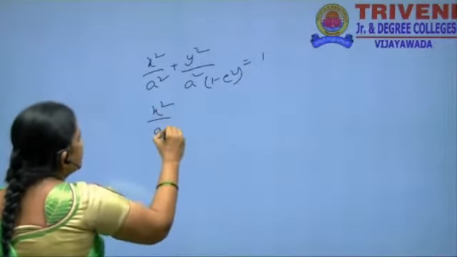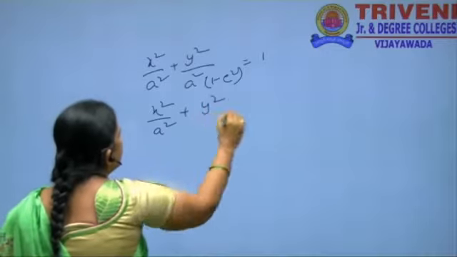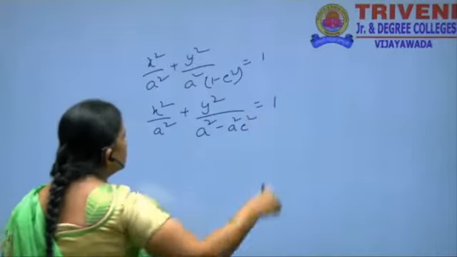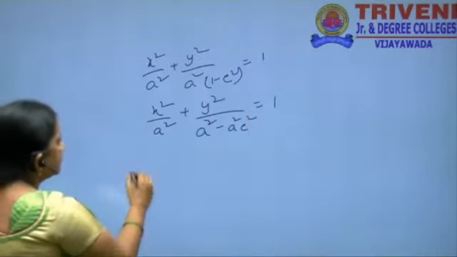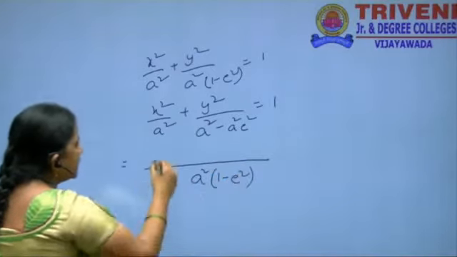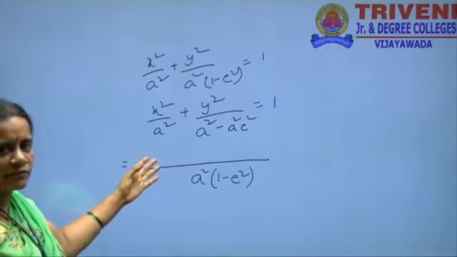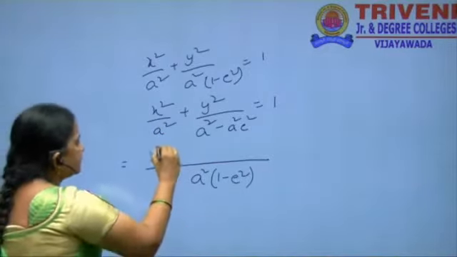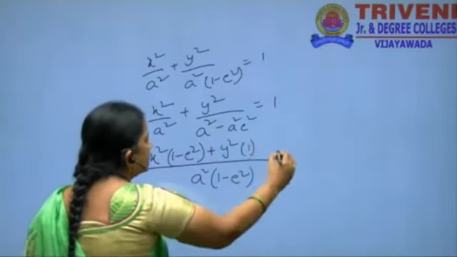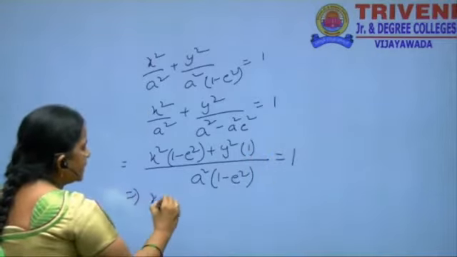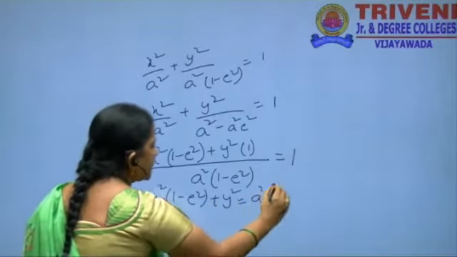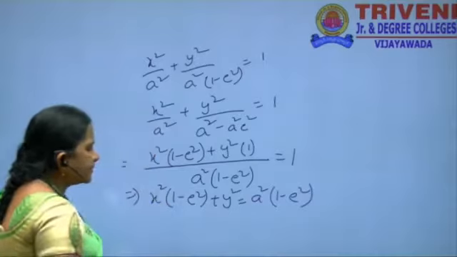That is, x square by a square plus y square by a square minus a square e square is equal to 1. Here the LCM is a square into 1 minus e square. In x square by a square, the denominator a square is already there, so we multiply x square with 1 minus e square. Here y square into 1 is equal to 1. So x square into 1 minus e square plus y square is equal to a square into 1 minus e square.